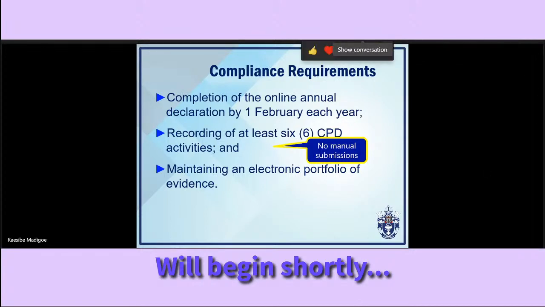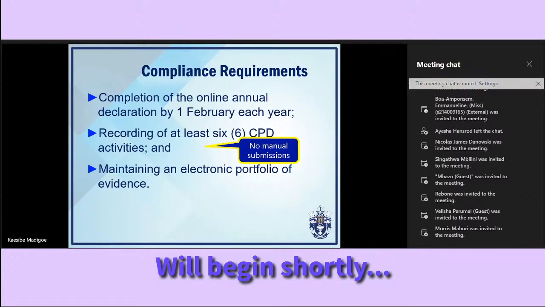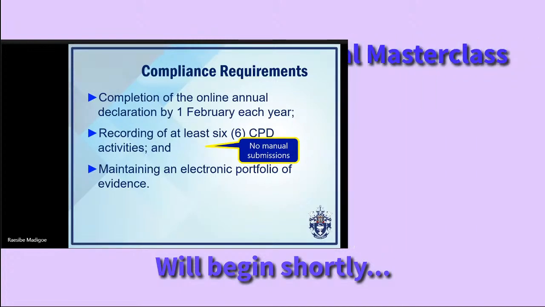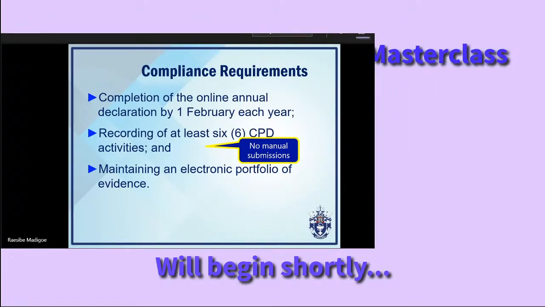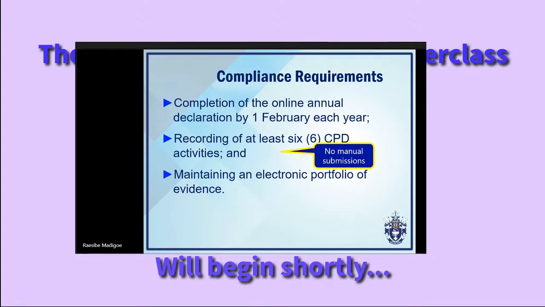But if you do not do that, council will auto-designate you as practicing, and up until such time that you complete the annual declaration, you will be required to complete 6 CPD activities.